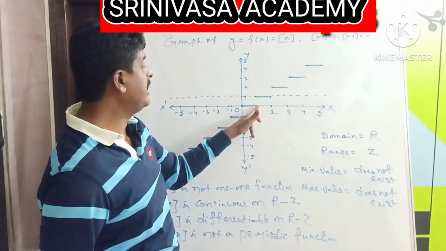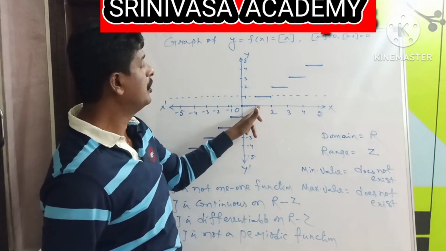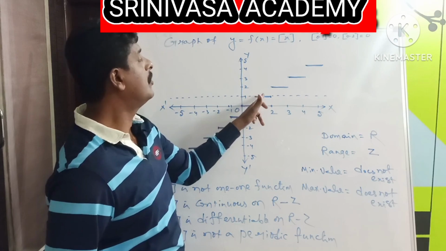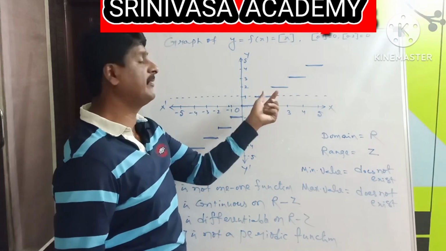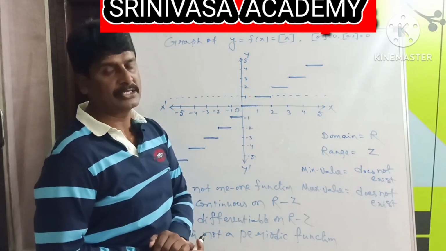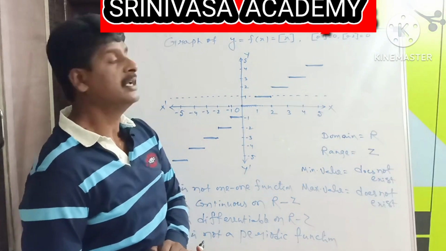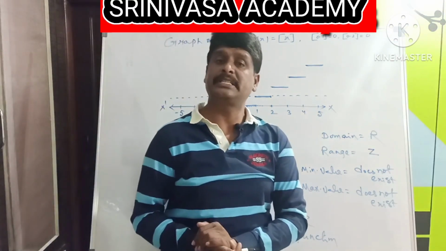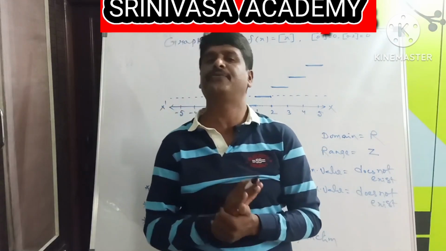Because here x values are increasing from 1 to 1.1, 1.1 to 1.2, 1.2 to 1.3, but the y value remains unchanged. Throughout this interval y is equal to 1 only. So it is neither an increasing nor a decreasing function. So this is about the step x function, its properties and its graph.